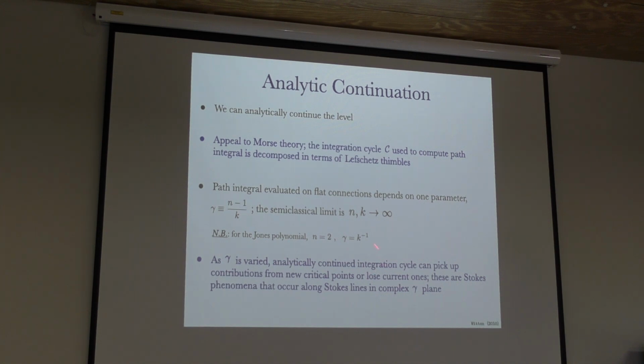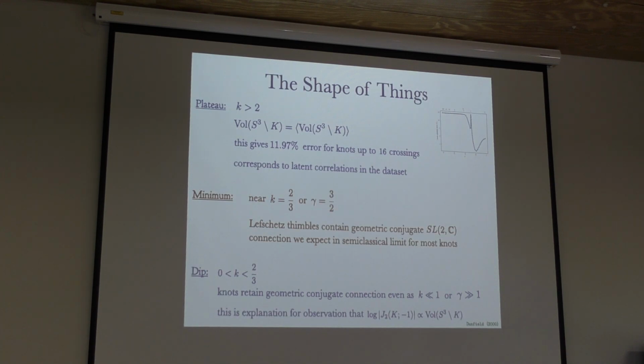So as gamma is varied, the analytic continuation picks up contributions from new critical points. There are Stokes phenomena that appear in the complex gamma plane, and Witten told us how to address these kinds of things. And then we can interpret this graph we saw previously. This plateau, this region here, just corresponds to the latent correlations of the data set.